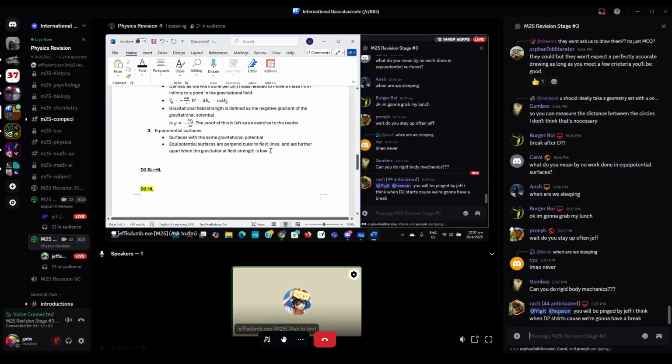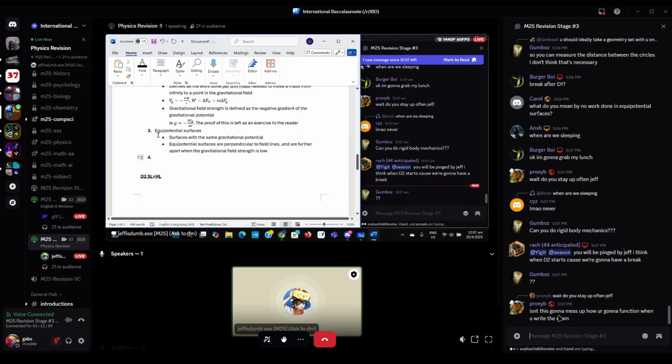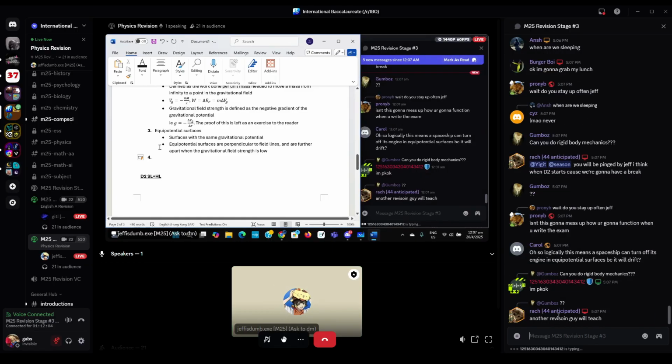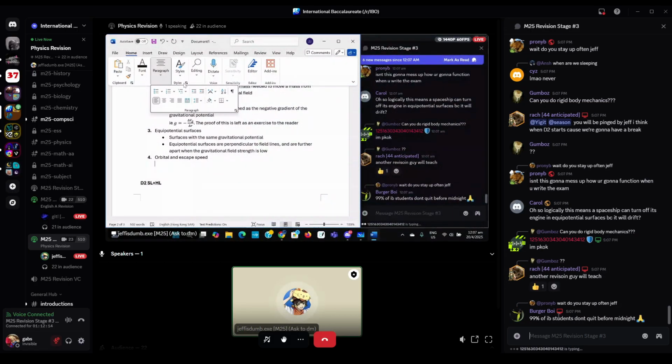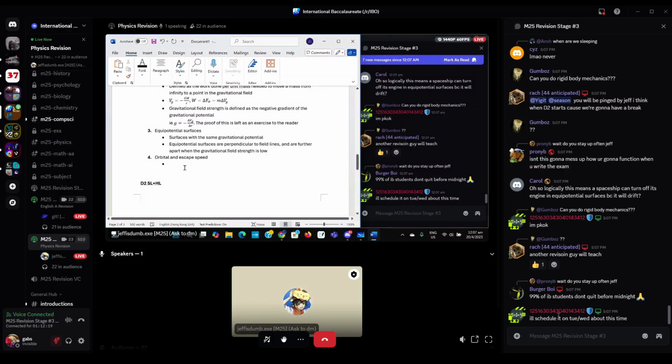Anyway, here's equipotential surfaces. And one last thing for D1 HL, and then we'll do some questions and call it a day. So, for D1 it is orbital and escape speed. I'll talk about them together because they have similar logic.